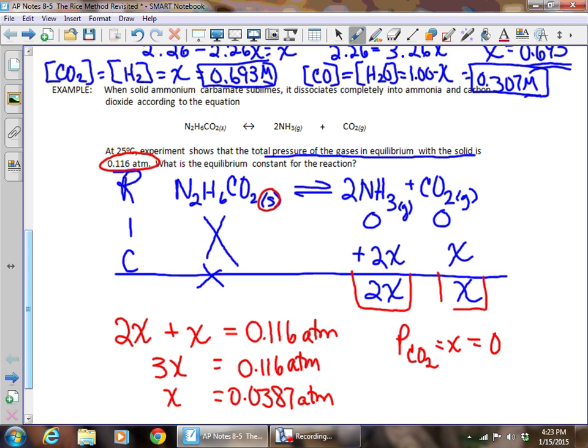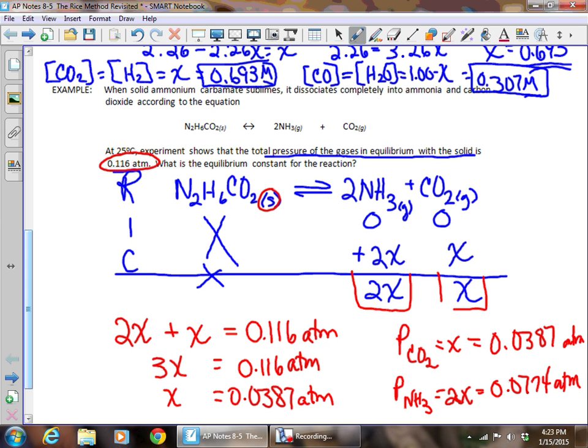So the pressure of CO2 is 0.0387 atmospheres. And I know that the pressure of NH3 is 2x. So I know that's 2 times that value, so it's 0.0774 atmospheres.